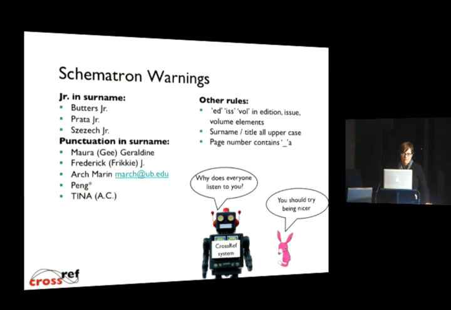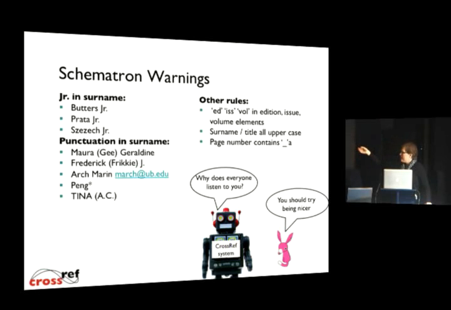And we've been running this for maybe 6, 7 years, and the types of problems caught by schematron haven't really changed over the years. It seems like we get a new batch of publishers every now and then, and they get caught in the schematron filter, and then they mend their ways. Or sometimes someone will change a template and it'll start throwing in dashes. As you can see there, the biggest problem we have is junior in the surname.